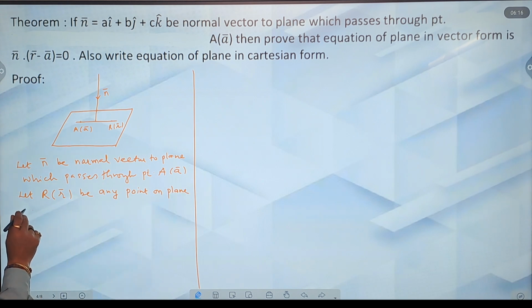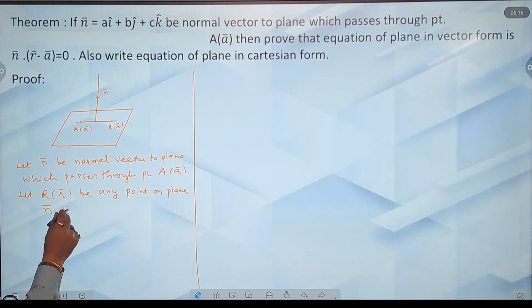Since n bar is perpendicular to the plane, so n bar is what? Normal to the plane. Therefore n bar is perpendicular to AR bar.